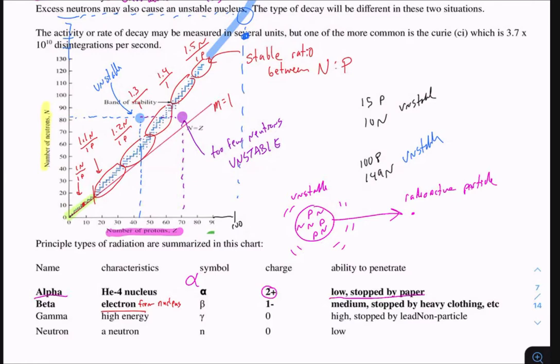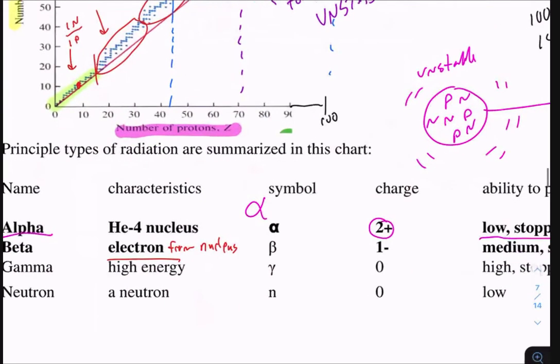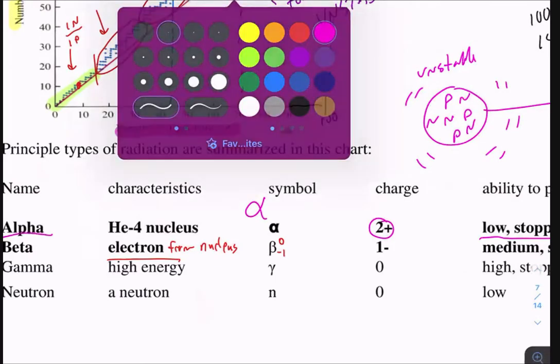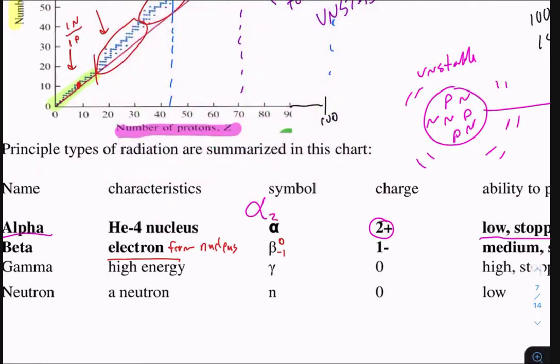The symbol we use is a capital B. To fill in some numbers here, it's got a -1 atomic number, but it's got a mass of 0. So that's the symbol we use. I should go back and fix the alpha as well. The alpha has atomic number 2 and a mass of 4.